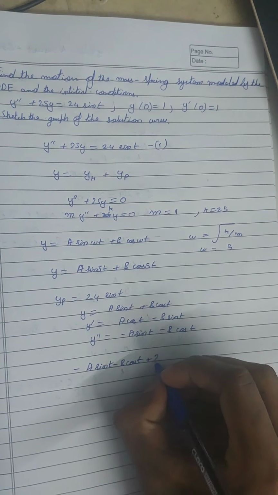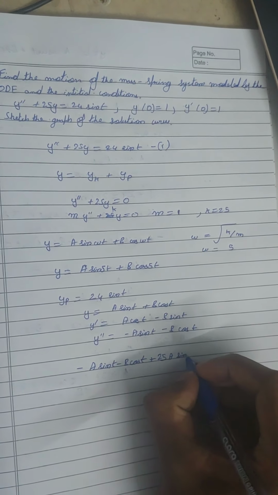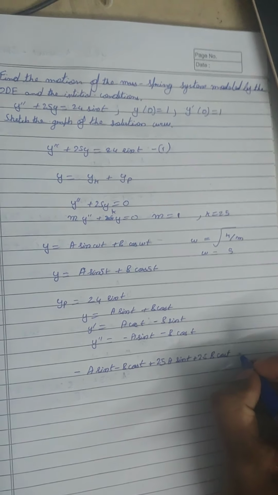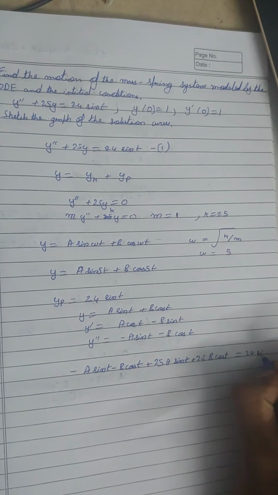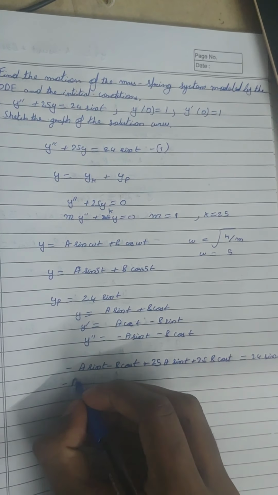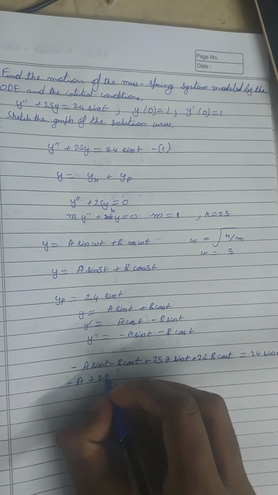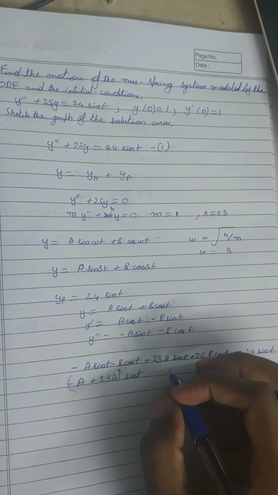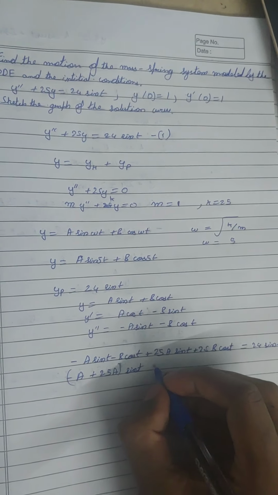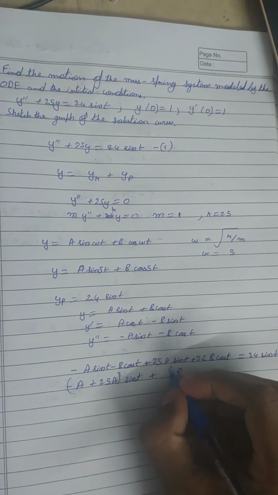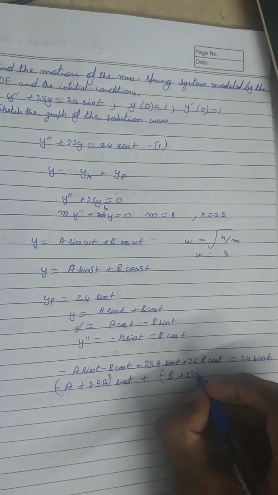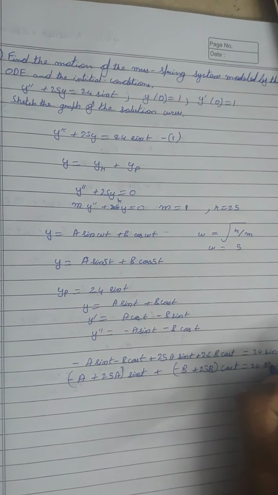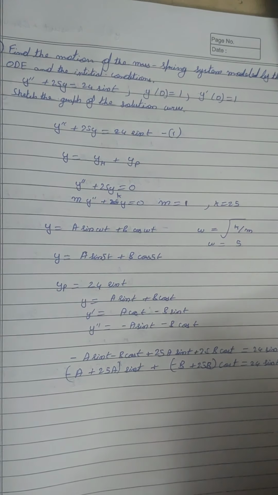So substituting these in the first equation gives us minus a sin t minus b cos t plus 25 a sin t plus 25 b cos t is equal to 24 sin t. Taking this in common, we get (minus a plus 25a) sin t plus (minus b plus 25b) cos t is equal to 24 sin t.